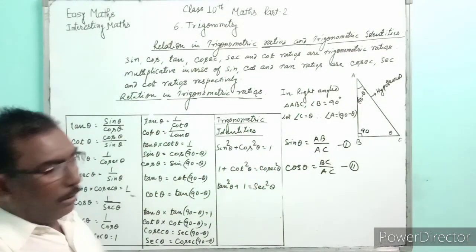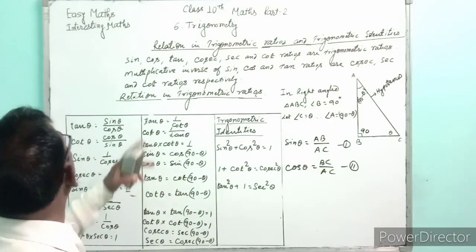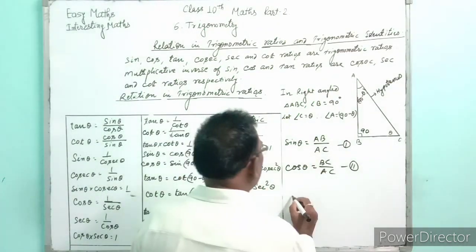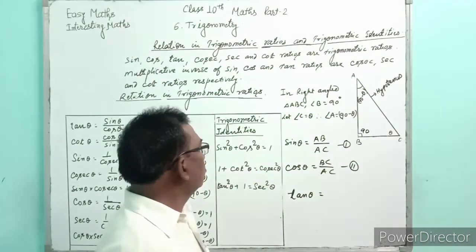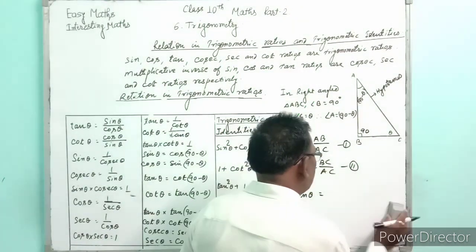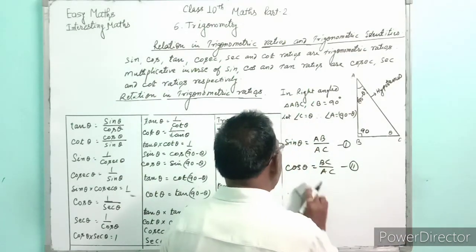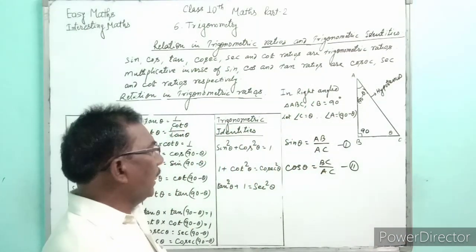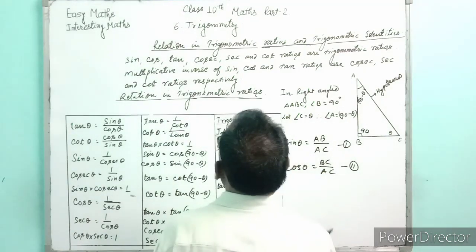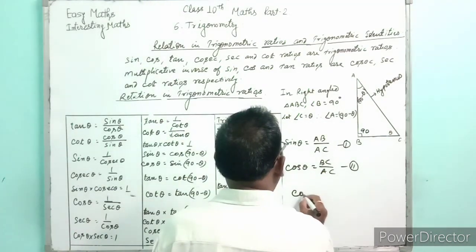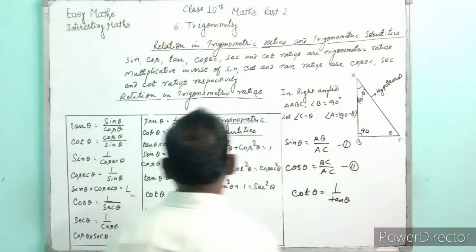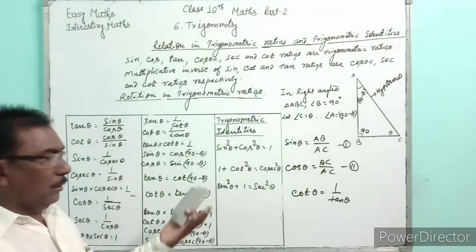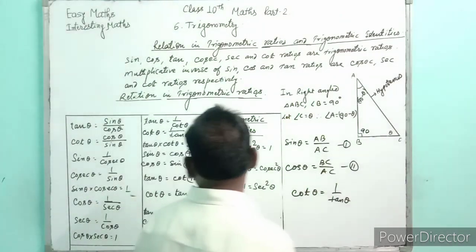Now tan theta. Cot theta is the multiplicative inverse of tan theta. Therefore cot theta is equal to 1 upon tan theta, according to our definition.